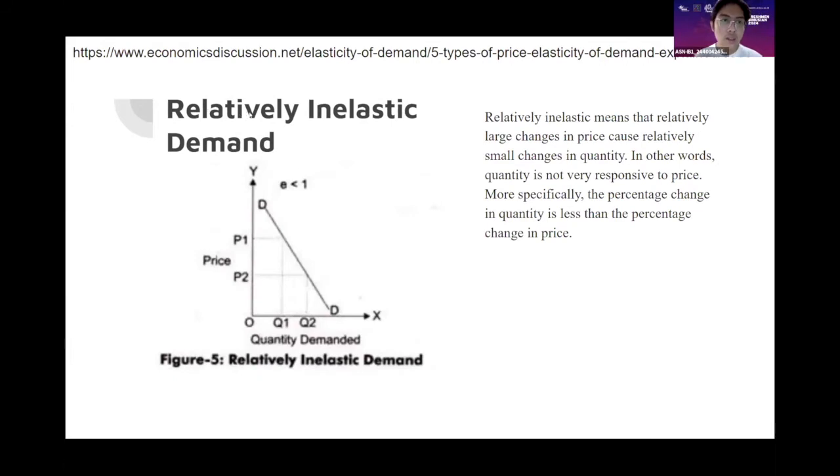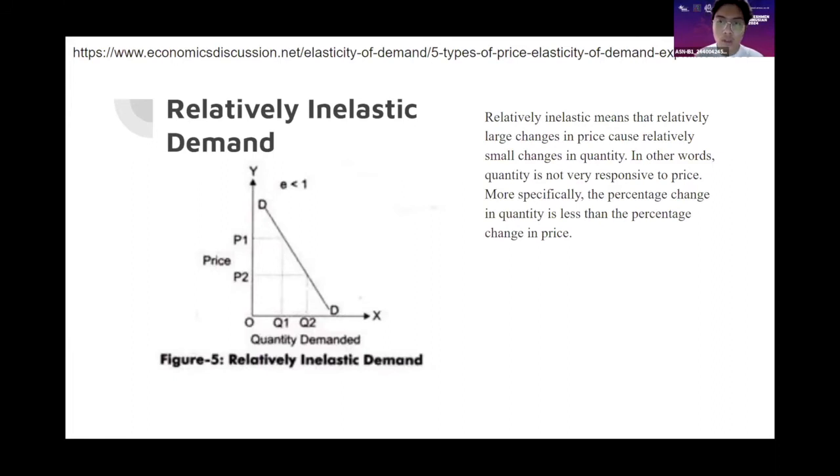So this one is relatively inelastic demand. As you can see, when the price goes up, the quantity demanded does not change really drastically. So relatively inelastic means that relatively large changes in price cause relatively small changes in quantity.